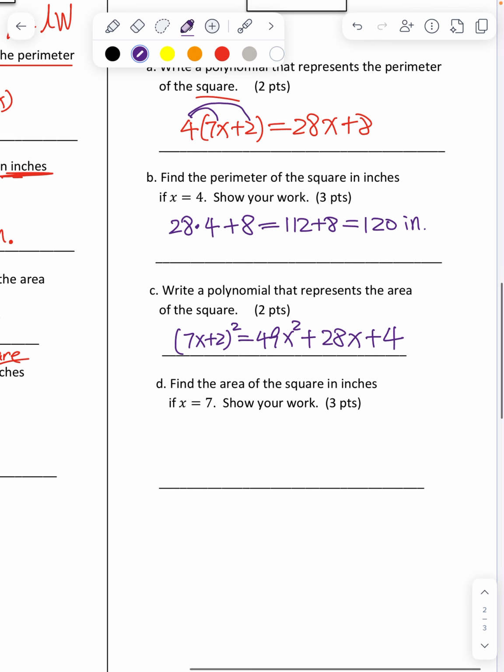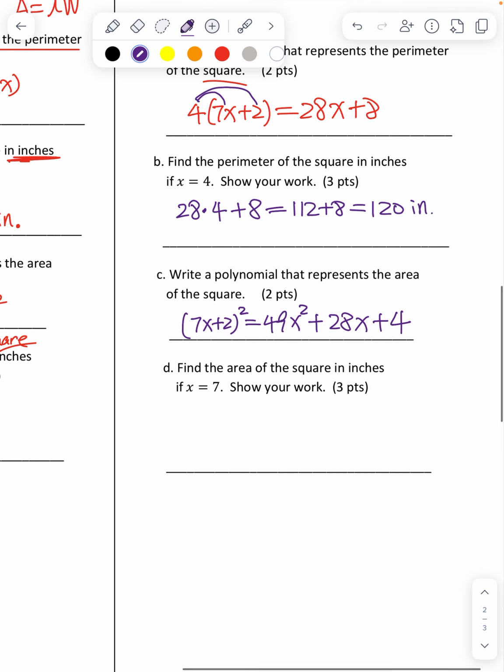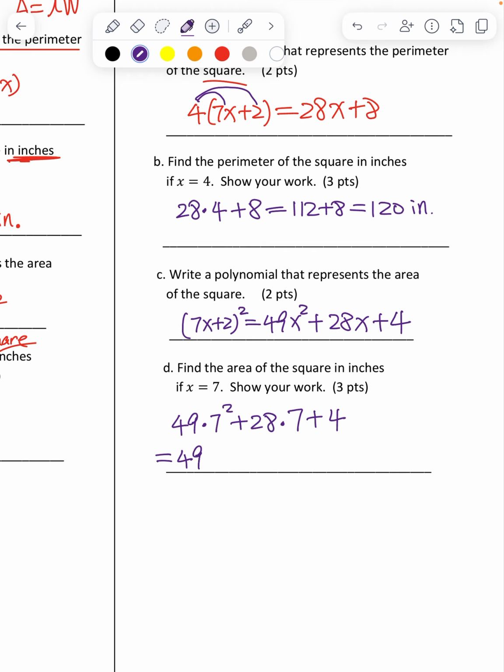Polynomial. So find the area. Last question. If x equals 7, so that is 49 times 7 squared plus 28 times 7 and then plus 4. 7 squared is 49. 28 times 7 is 196, plus 4.